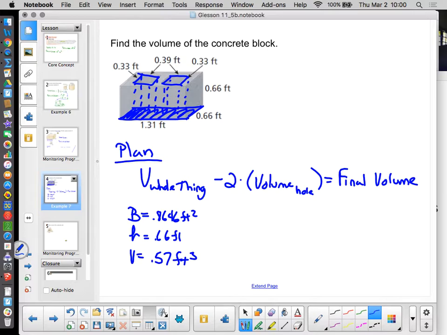Now we have to figure out the volume of a hole. Well, a hole again has this base here inside the block. The dimensions of that base, it's a rectangle, so 0.39 times 0.33, and that's 0.1287.